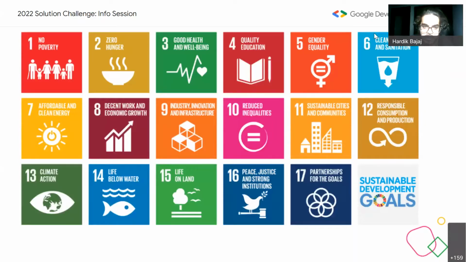These include no poverty, zero hunger, good health and well-being, quality education, gender equality, and you can read them. But the main point is that you are building a solution to a problem. For example, I saw some solutions which were selected in the earlier top 10.